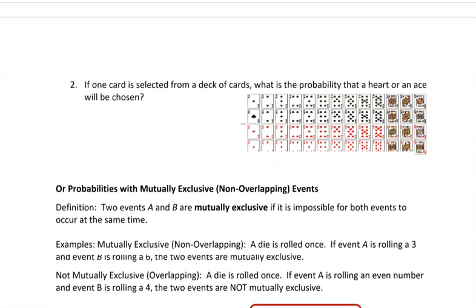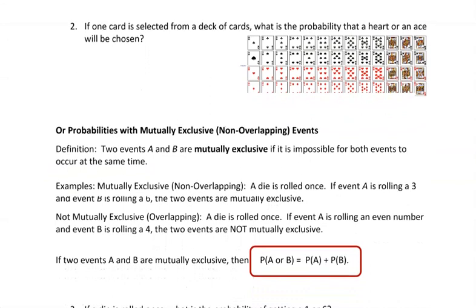All right, let's try with the deck of cards. If one card is selected from a deck of cards, what is the probability that a heart or an ace will be chosen? So probability of heart or ace.